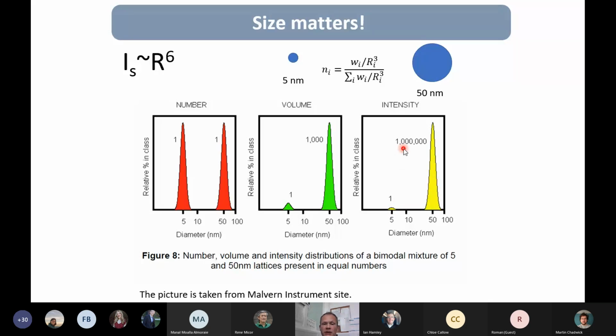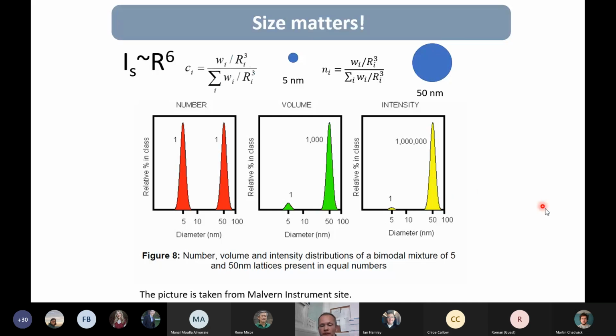It happens because dynamic light scattering measures scattered intensity, and scattered intensity is proportional to the sixth power of radius. The 15 nanometer protein scatters 1 million times higher than the 5 nanometer protein. And again, that's what you have to keep in mind when you are analyzing your proteins, your food samples, by such a method as dynamic light scattering.